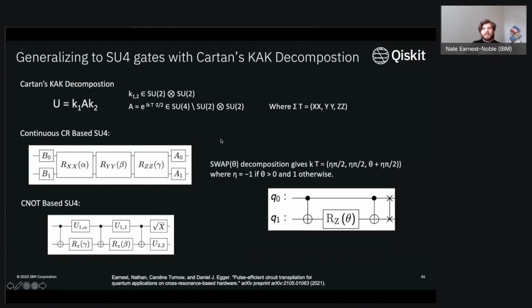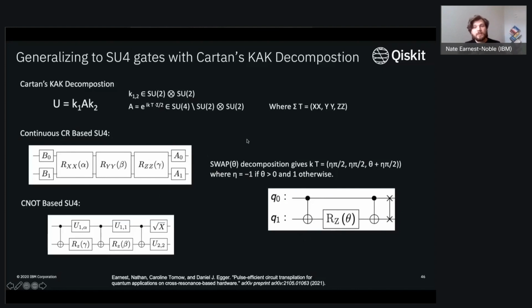I bring this up to mention that if you use this CAN decomposition, you can map this swap of theta, in which you have the CX, RZ, CX followed by a swap gate, into this basis set as well, and by doing so you can improve this too. So maybe if you have some sort of Pauli feature map followed by a swap gate, using this CAN decomposition with these three different points might help give some slight improvements in whatever results you're using.